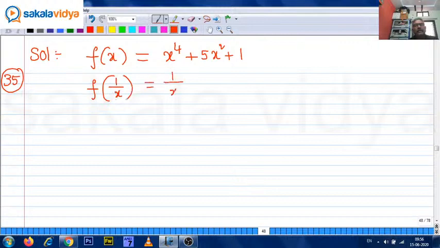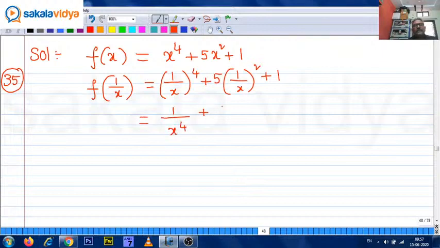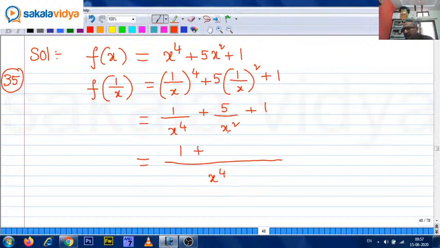You can write 1 by x whole to the power of 4 plus 5 times 1 by x whole square plus 1. So this can be written 1 upon x to the power of 4 plus 5 upon x square plus 1. Here take LCM x to the power of 4. So 1 plus x to the power of 4 divided by x square, you get x square into 5x square. X to the power of 4 into 1 plus x to the power of 4.